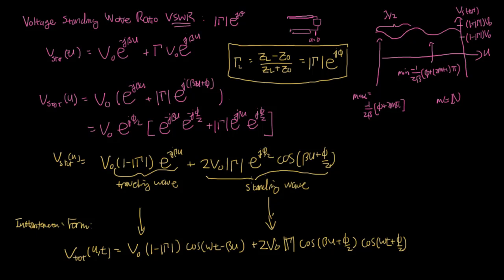And the maxima is when the standing wave is at its max, so you have v naught minus gamma v naught, but then you have this extra 2 v naught up there, so you get the 1 plus gamma v naught. And therefore, the voltage standing wave ratio, which we'll use the letter S, is the maximum over the minimum. It's the standing wave ratio. And so that is going to be equal to 1 plus gamma over 1 minus gamma.